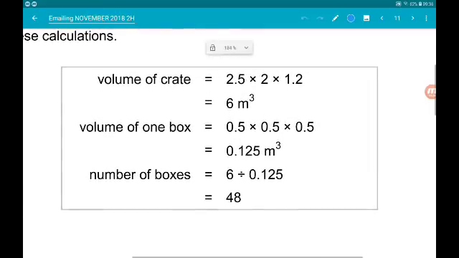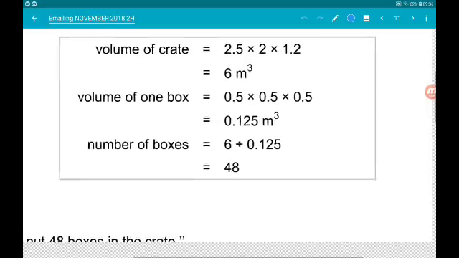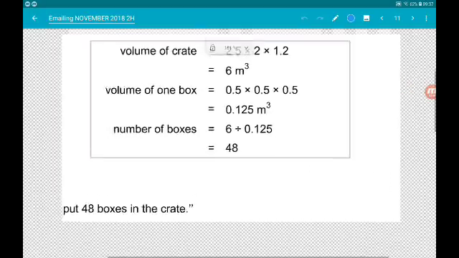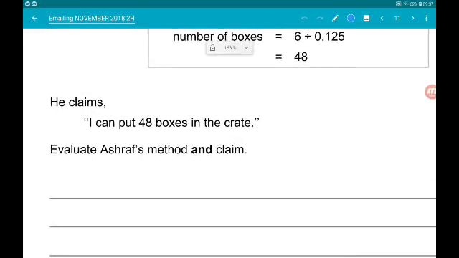So he works out the volume of the crate, works out the volume of a cube, divides the volume of the crate by the volume of a box, and he gets 48. He claims that he can put 48 boxes into the crate. We want to evaluate Ashraf's method and claim.